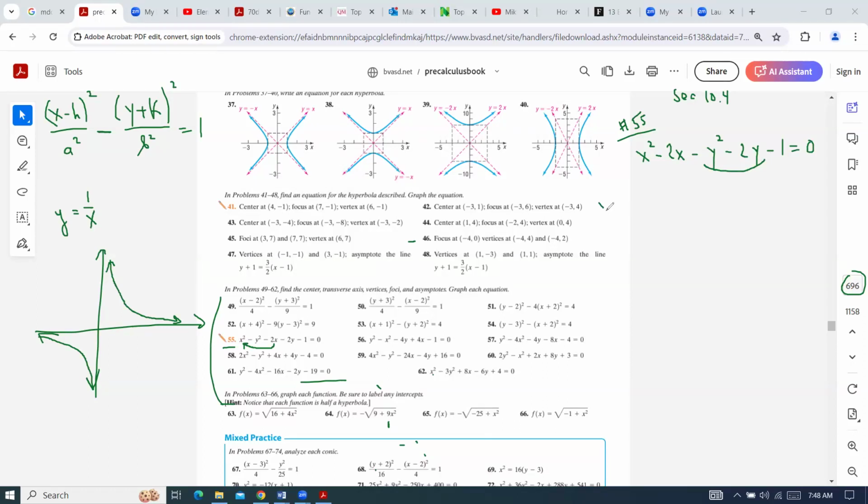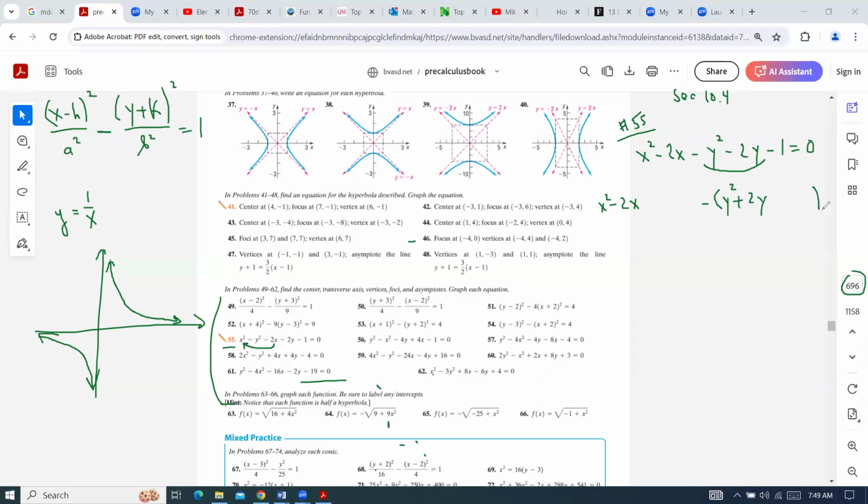So my x squared minus 2x is fine. I could just take half of 2, which is 1, and add it and subtract. But with the other piece, I need to take out a negative, and then have y squared plus, say I change sign, plus 2y.